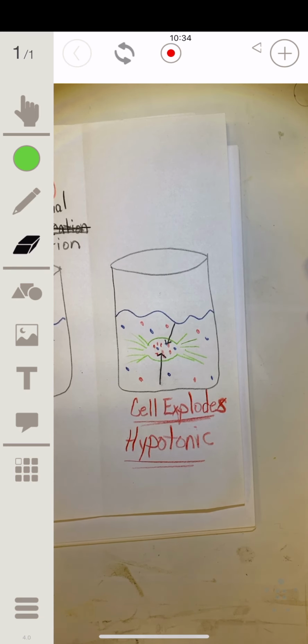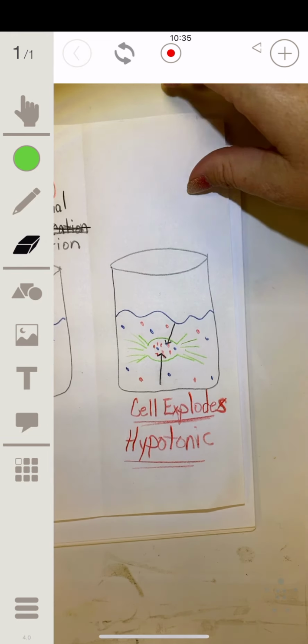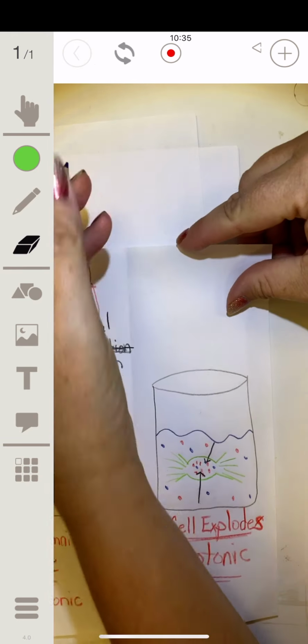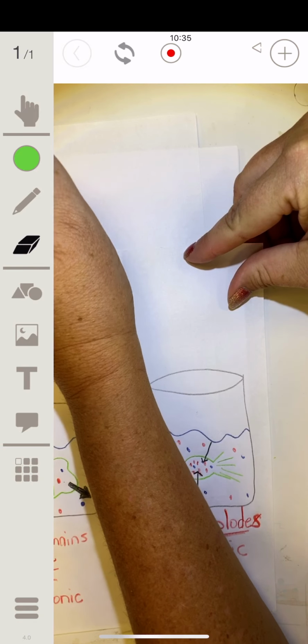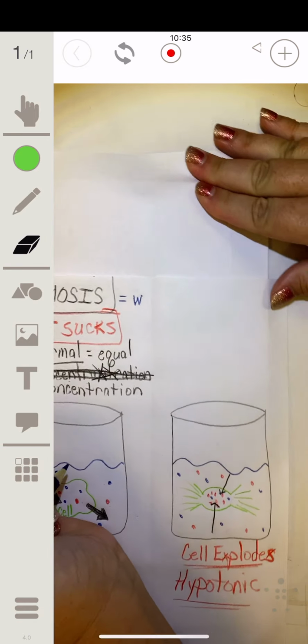This is all osmosis. It is a passive form of transport of water through a cell membrane. Osmosis only deals with water. We have not moved salt at all. We are only moving, let's write that up here so we don't forget. Osmosis equals water. Can y'all see me? Yeah.